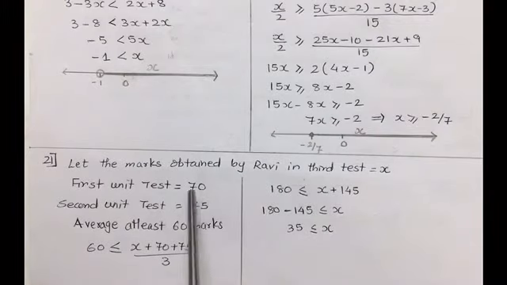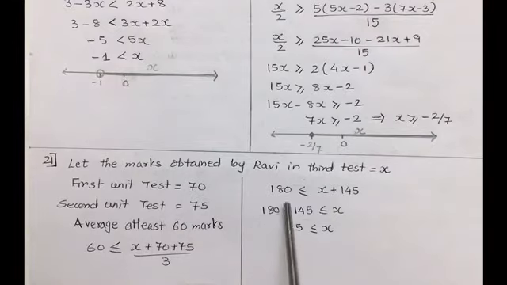As 3 tests are there, we add up all the marks divided by 3 for the average. So we write here 60 is less than or equal to x plus 70 plus 75 divided by 3.